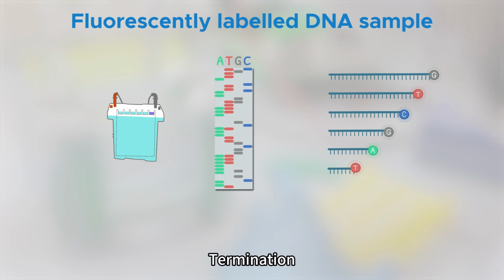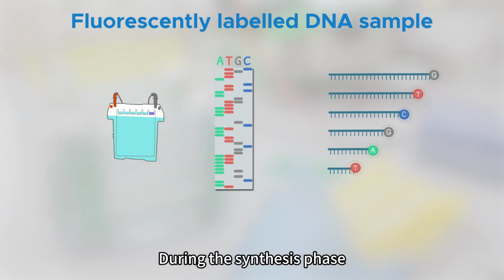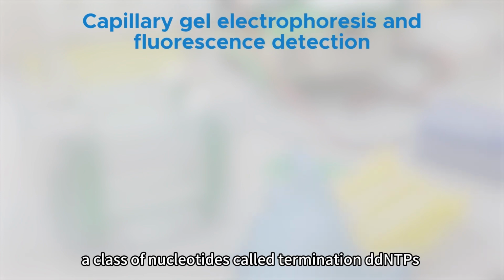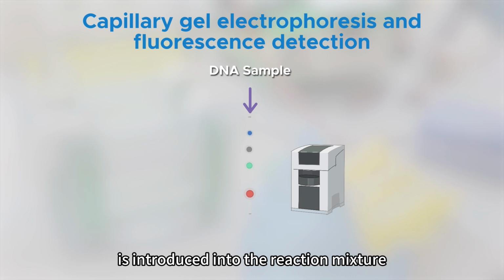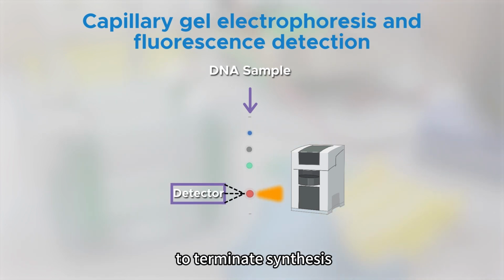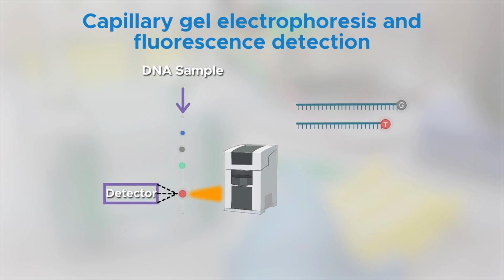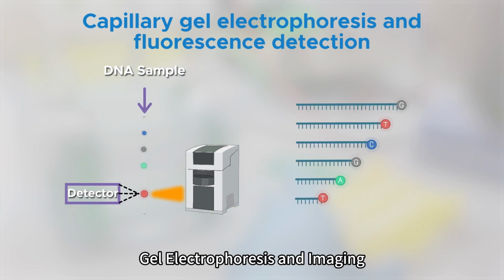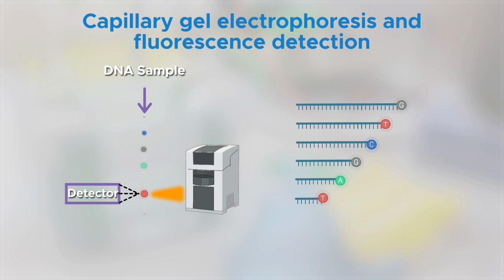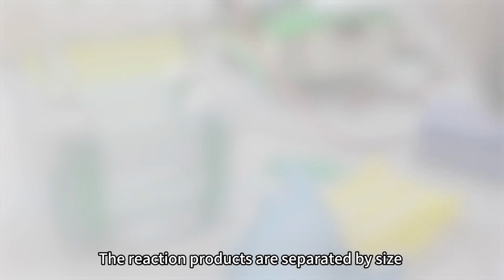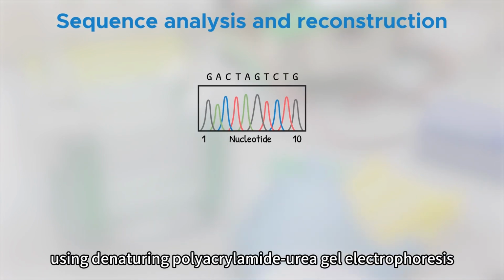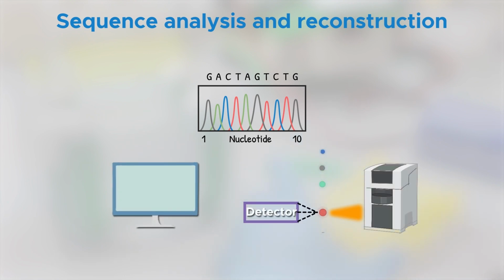5. Termination. During the synthesis phase, a class of nucleotides called termination ddNTPs is introduced into the reaction mixture to terminate synthesis. 6. Gel electrophoresis and imaging. The reaction products are separated by size using denaturing polyacrylamide urea gel electrophoresis.